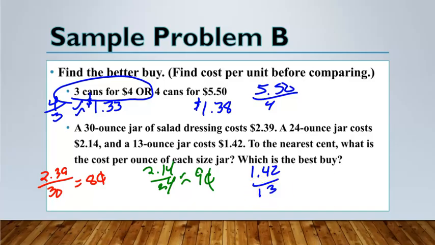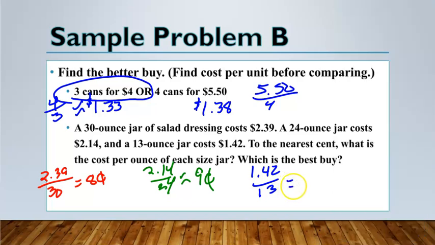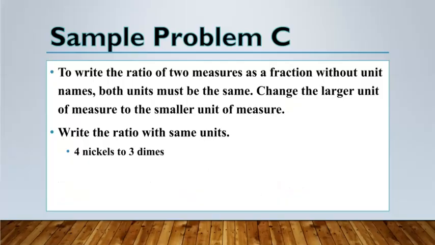So grab our calculator. So $1.42 divided by 13 ounces. This would be roughly 11 cents per ounce. So which is the better buy? The better buy would be the 30-ounce jar for $2.39.